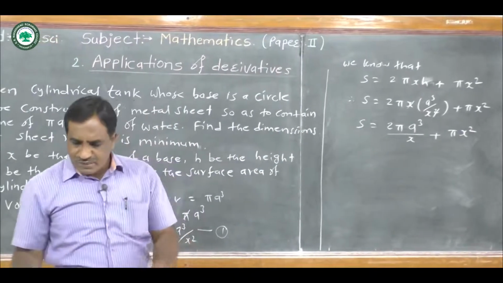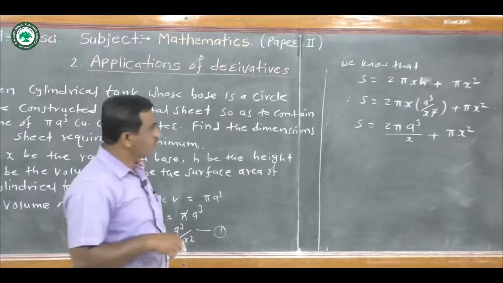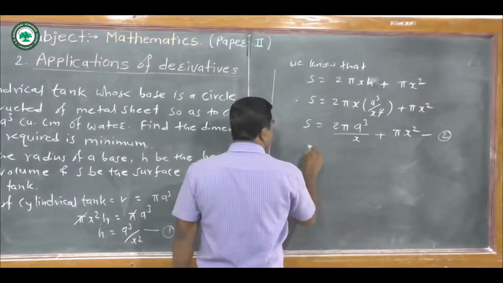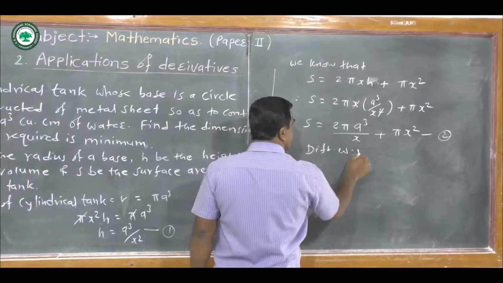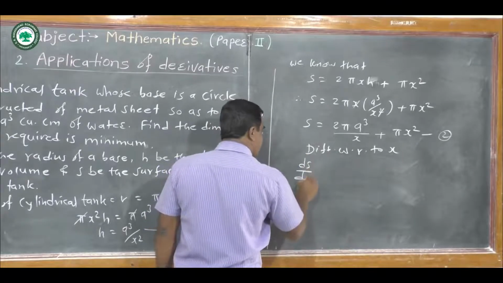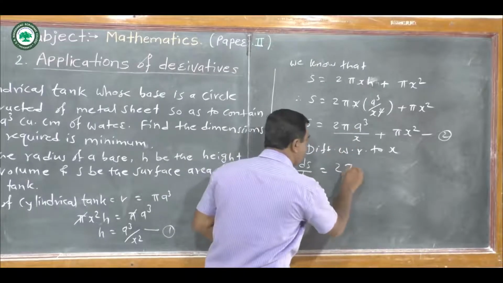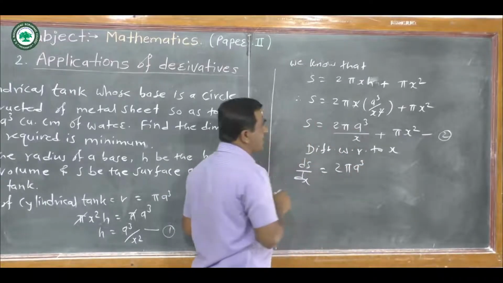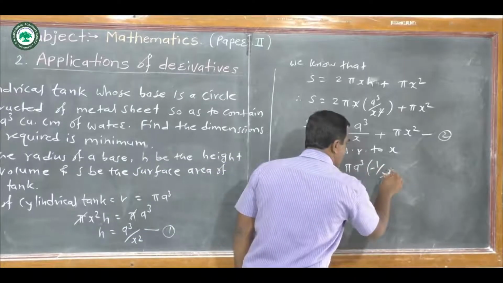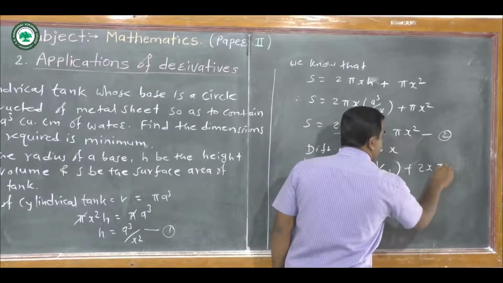Now differentiate this equation with respect to x. Say this as equation number second. Differentiate with respect to x. Therefore derivative of S, ds by dx equal to, now 2 pi into a cube is a constant term, and the derivative of 1 upon x is minus 1 by x square, plus derivative of x square is 2x into pi.